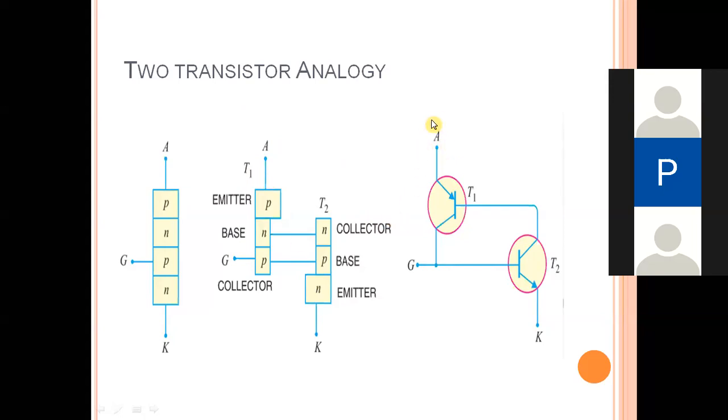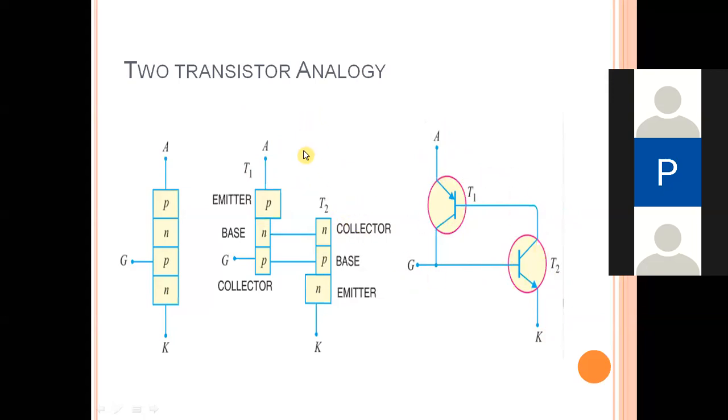So this will be the anode, transistor 1, transistor 2, cathode, and gate terminal. Okay. If you consider this here, you have the emitter, base terminal, and collector like this, and that can be represented in the next figure.